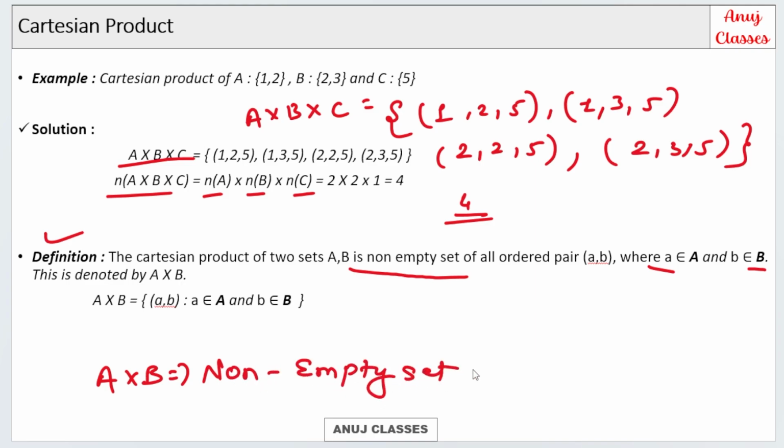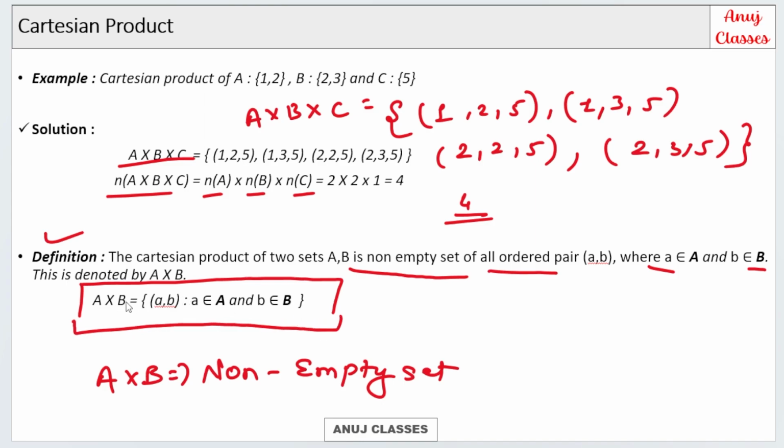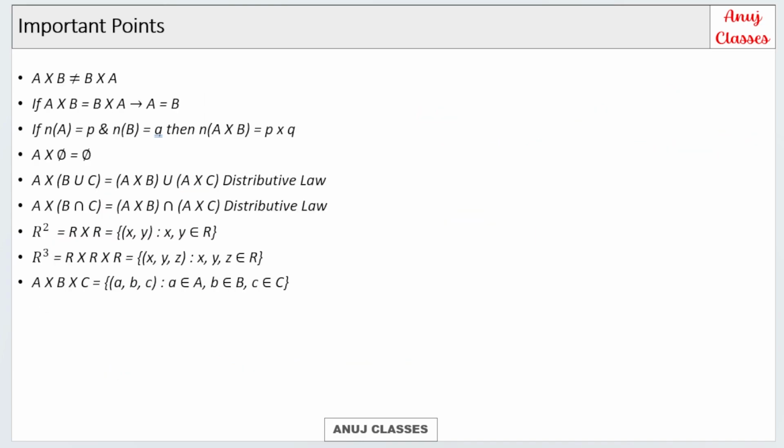We can see that this is how we write the formal definition of A cross B: A cross B is equal to the set of (a, b) such that a belongs to the set A and b belongs to the set B. I hope this is clear to you, and we'll move on to note down some important points.